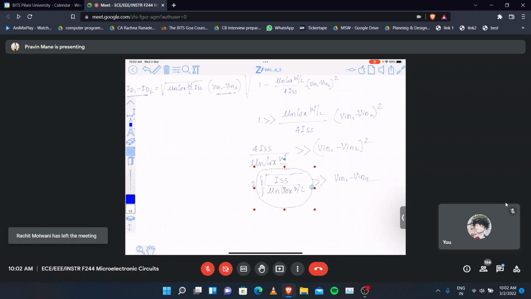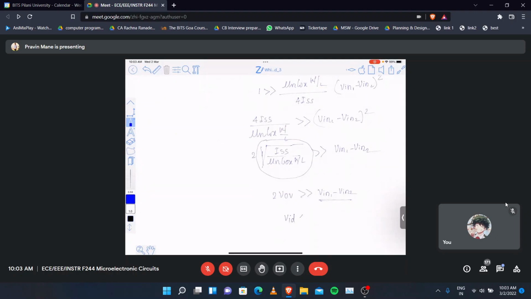Under which condition? Each transistor is carrying current equal to ISS by 2. So 2 VOV should be very much larger than Vin1 minus Vin2, which we represented by VID, the input differential voltage. So VID should be very, very less than twice VOV. This condition has to be always satisfied for the amplifier to work correctly: the differential voltage should be very small in comparison to twice the overdrive voltage.